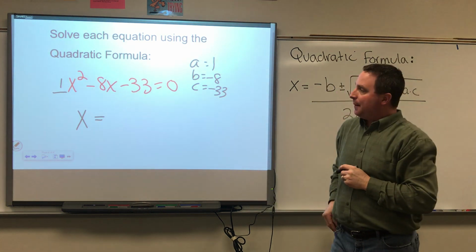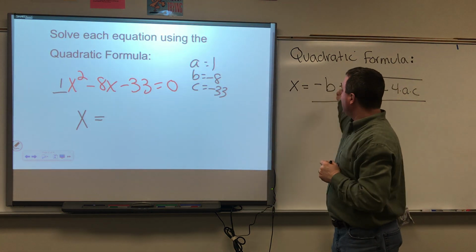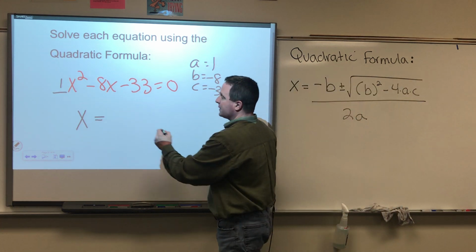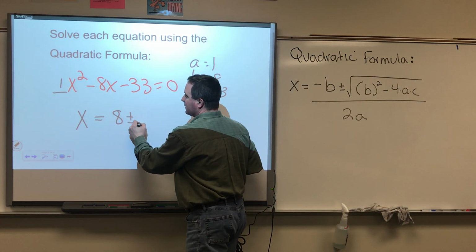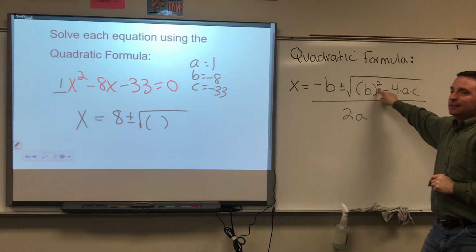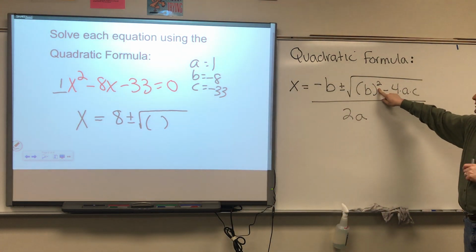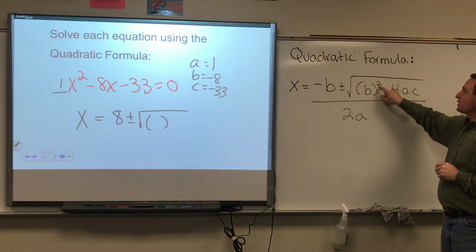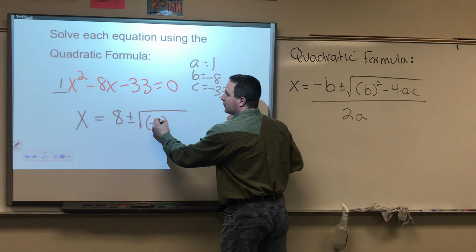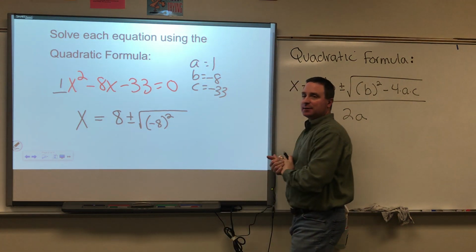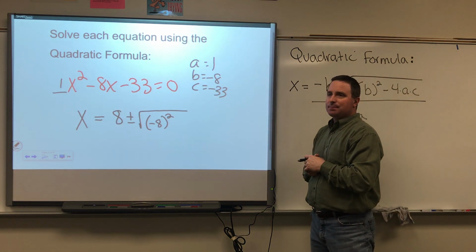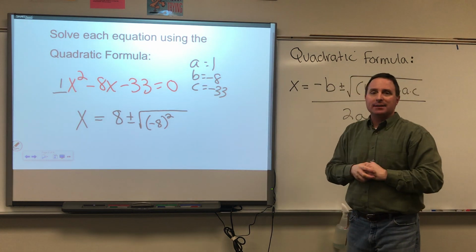If I put these numbers into my quadratic formula, x is the opposite of b, so instead of negative 8, it's going to be positive 8, plus or minus the square root of b squared. I add these parentheses because it's important to note that when you square a negative number, it's always going to be positive. Sometimes people don't put parentheses in there and end up getting a negative number instead of a positive one.